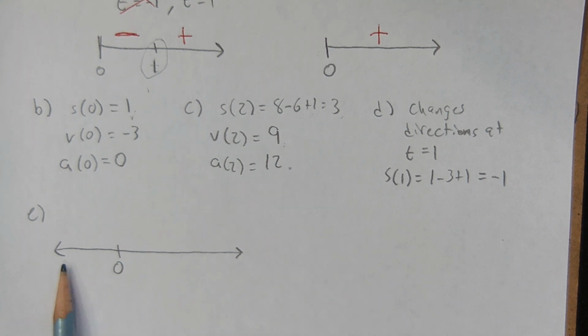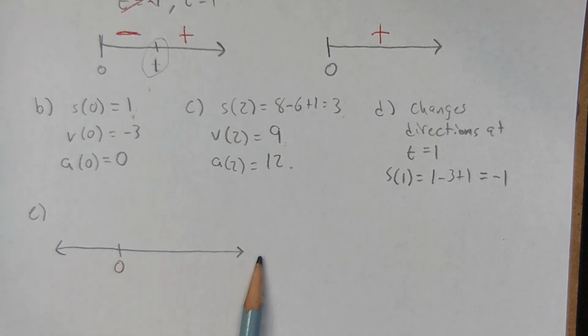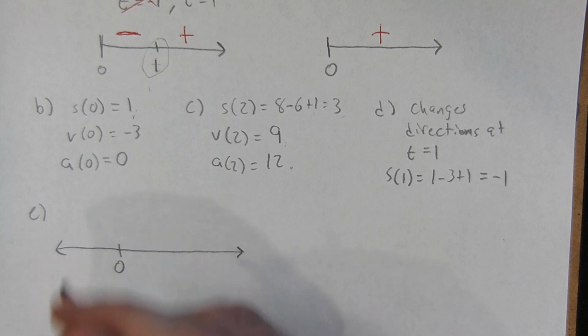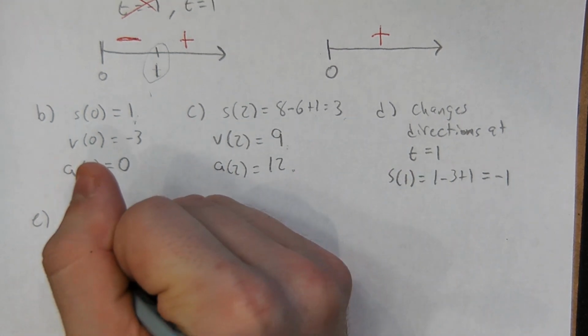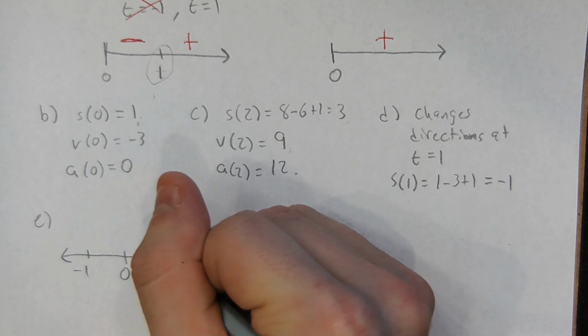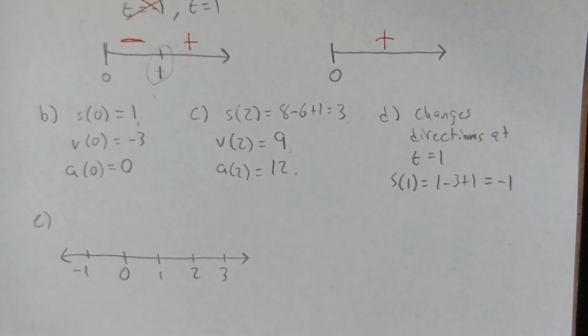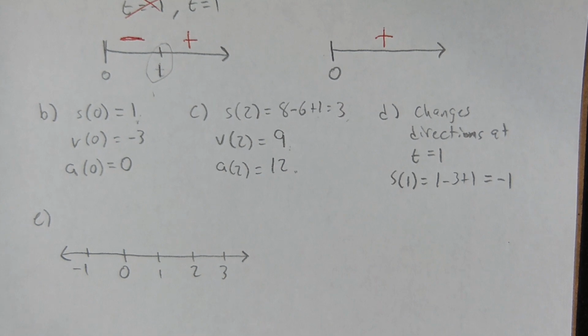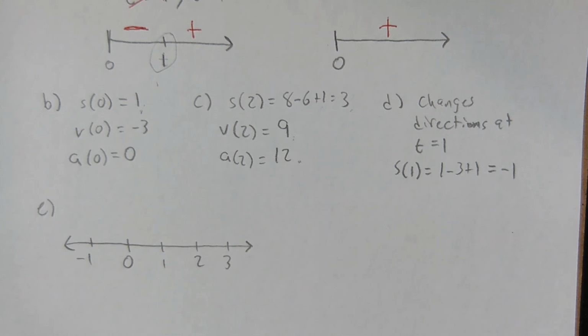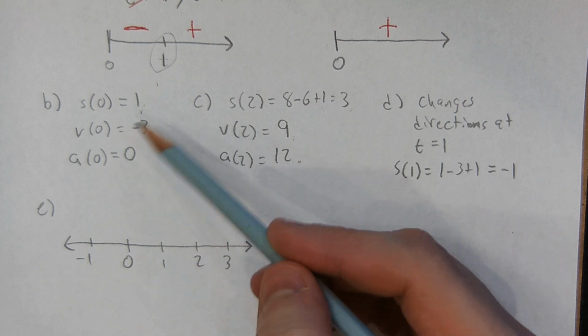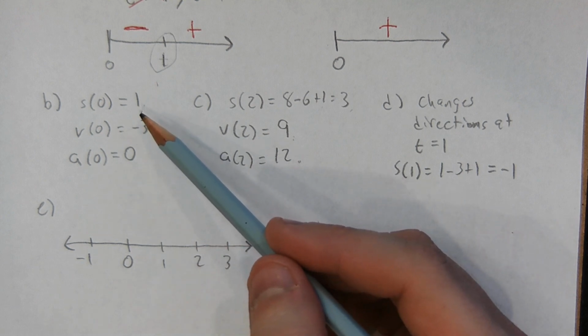But these don't go on here because this is a position diagram. So let's say I got negative 1, 1, 2, 3. These are just distances from the origin. So at time equals 0, our position was positive 1.